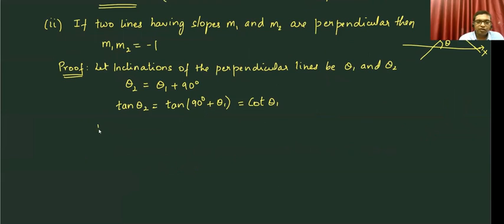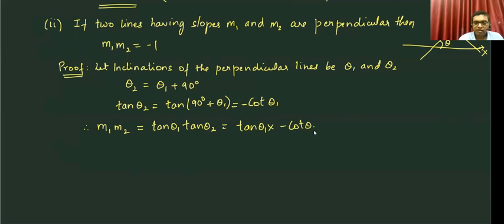So the product of slopes m1 into m2 is tan θ1 into tan θ2, which is tan θ1 into minus cot θ1.